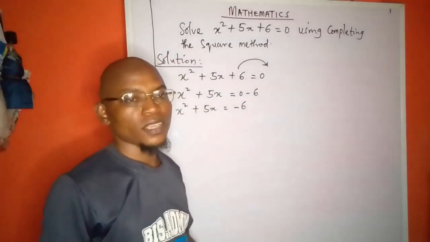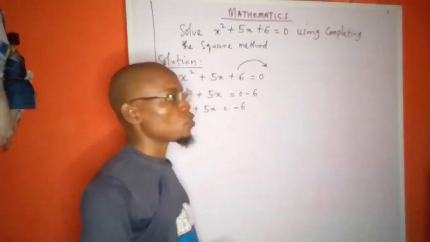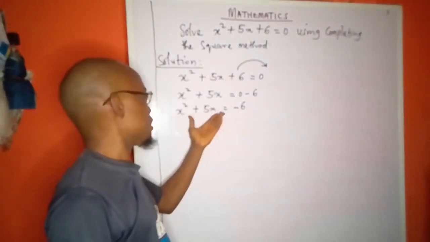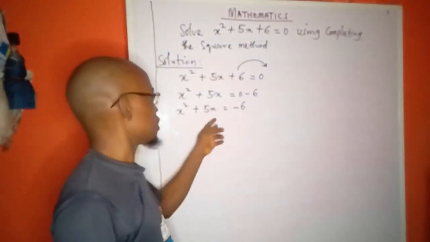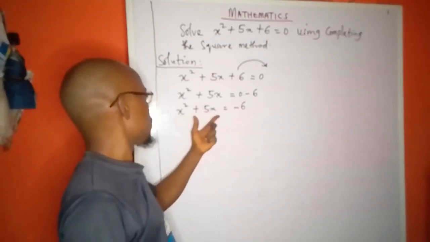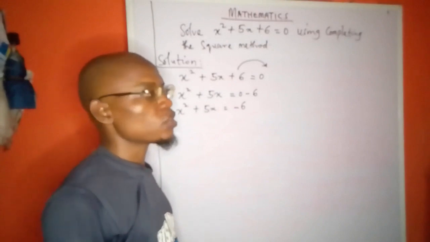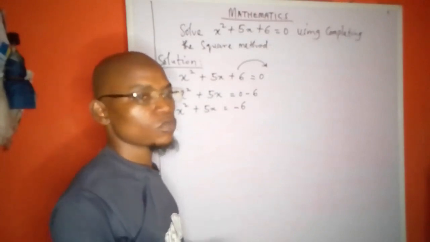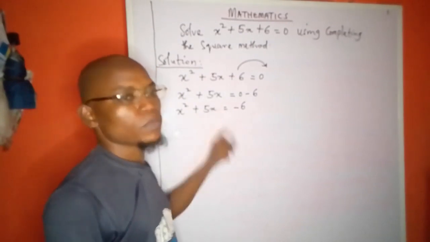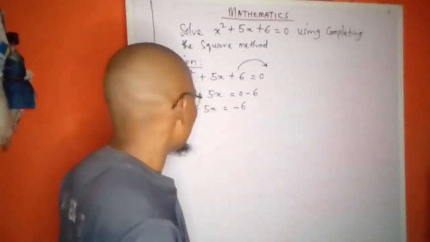So the next step is to ensure that we add what must be added to make x squared plus 5x a perfect square. What must I add to this to make it a perfect square?